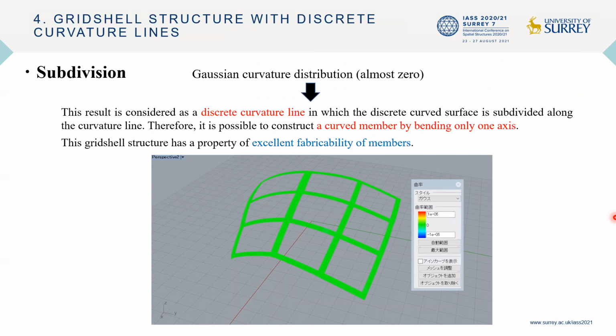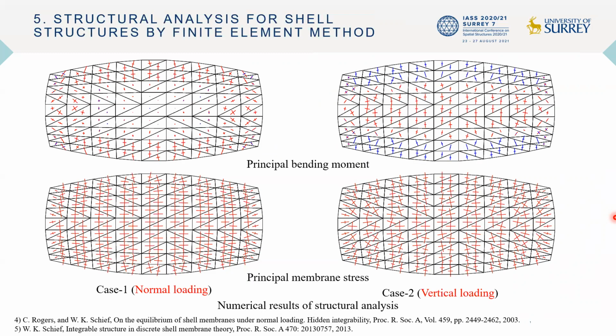This result is considered as a discrete curvature line, in which the discrete curved surface is subdivided along curvature lines. Therefore, it is possible to construct a curved member by bending about only one axis. This gridshell structure has the property of excellent fabricability of members.